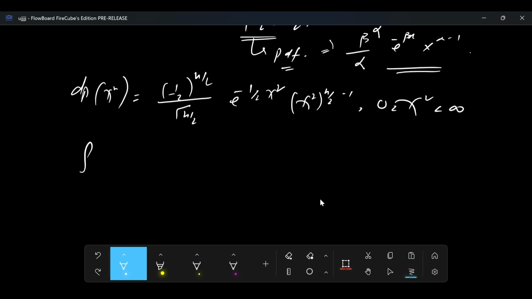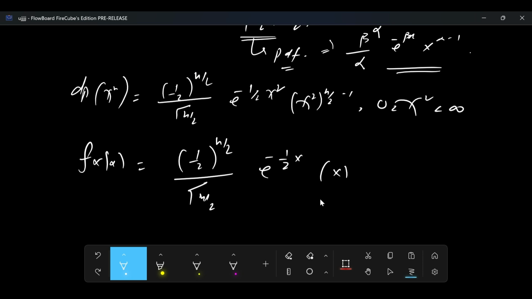If we write this in this format, that's f of x, this will be equal to 1 by 2 to the n by 2 gamma n by 2, e raised to the power minus 1 by 2 x, x to the power n by 2 minus 1, when the value of x is between 0 and infinity.